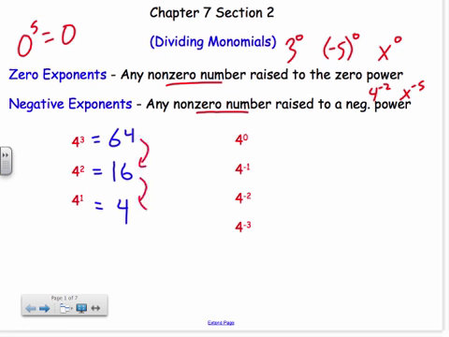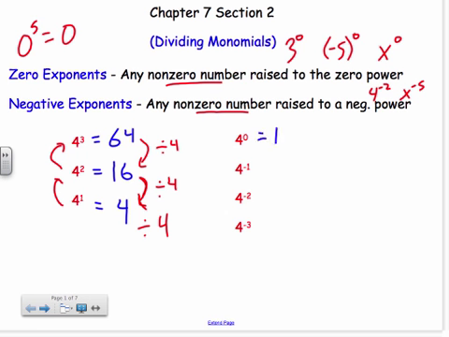Well, it's basically the inverse of multiplying by 4 each time. We're really dividing by 4, aren't we? So to find out what 4 to the 0 power is, we have to take 4 divided by 4. Because 64 divided by 4 is 16, 16 divided by 4 is 4, and 4 divided by 4 gives us 1.